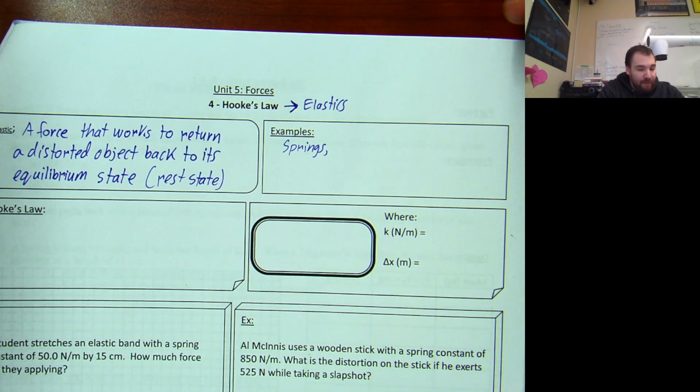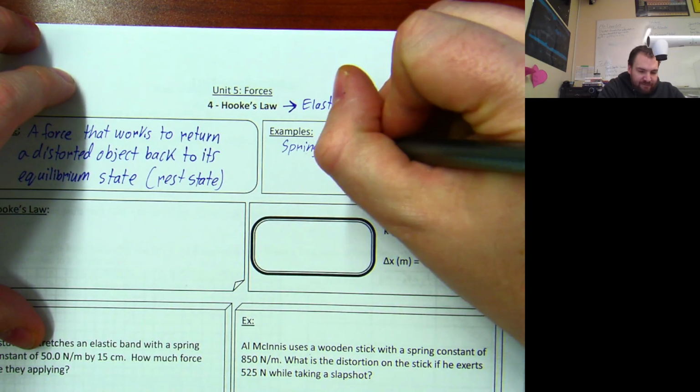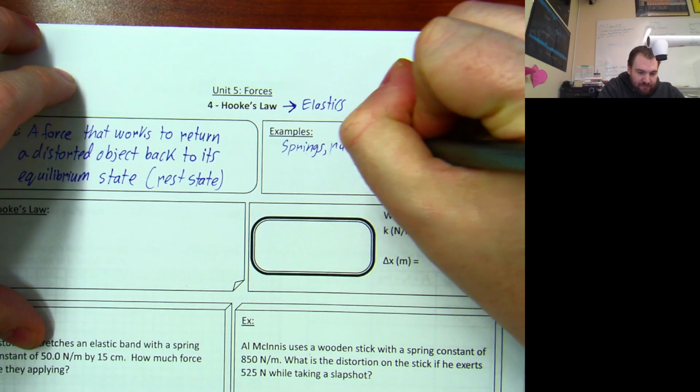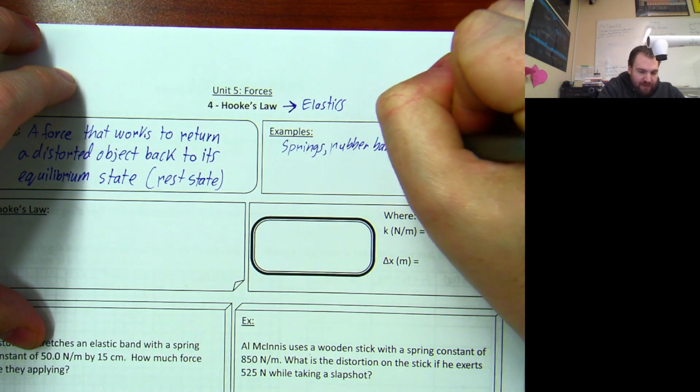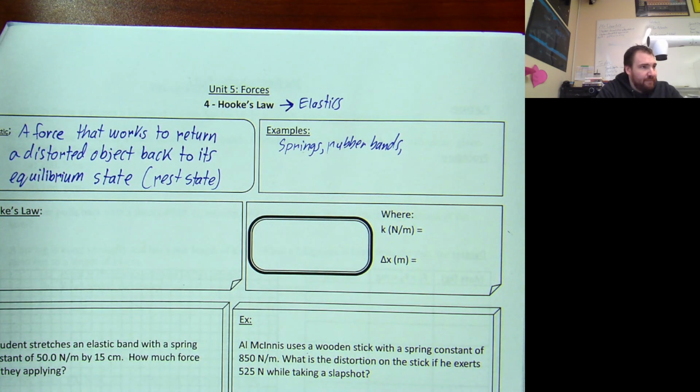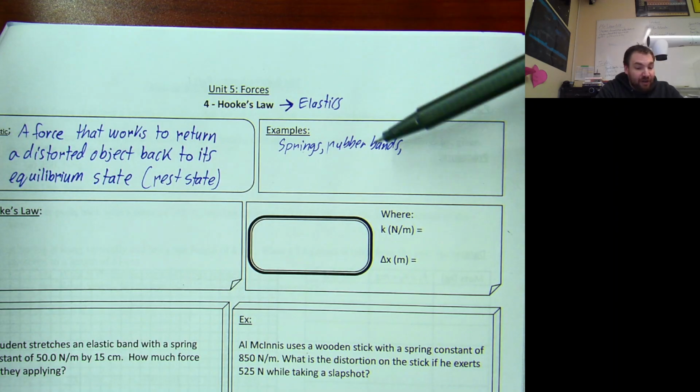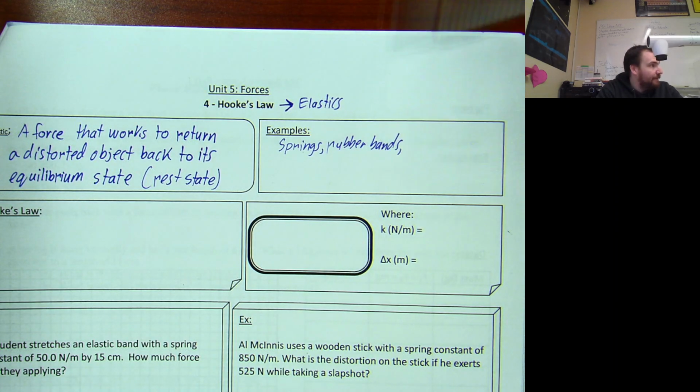Yeah, rubber bands, which we're going to play with today. What else? Anything with rubber in the title? I would say like the money elastics that you use to put money together. Yeah, we call those rubber bands as well. Okay. Yeah.